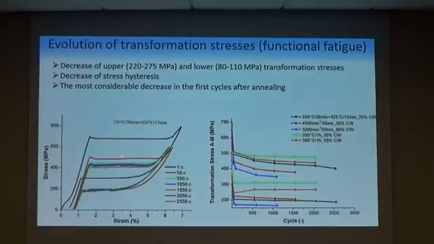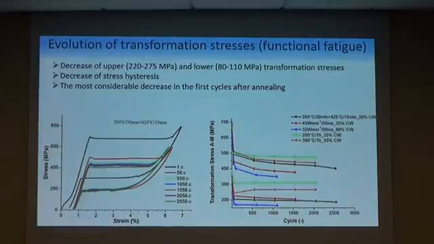The most significant is the decrease of upper plateau stress. You can clearly see the difference between the first cycle and the 50th cycle. And the decrease of lower plateau stress is more than 2 times lower, which results in a decrease of stress hysteresis.